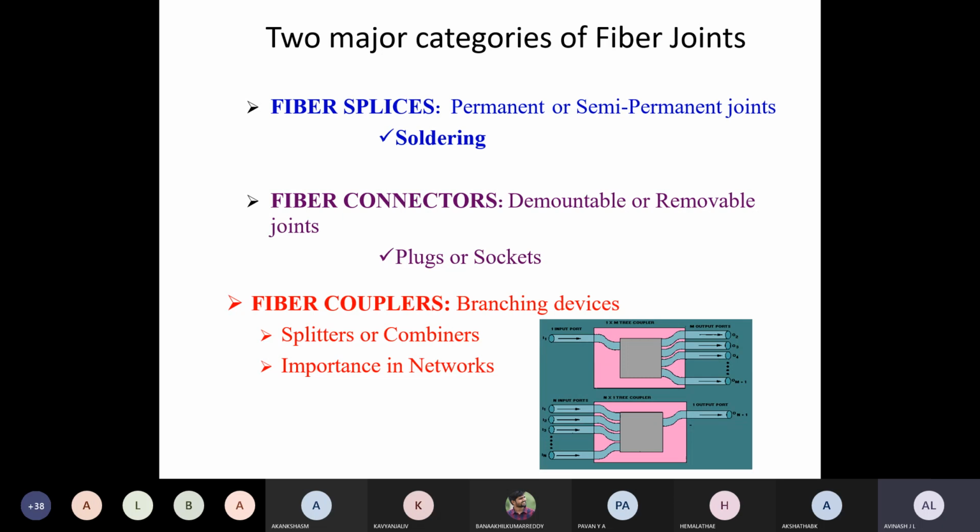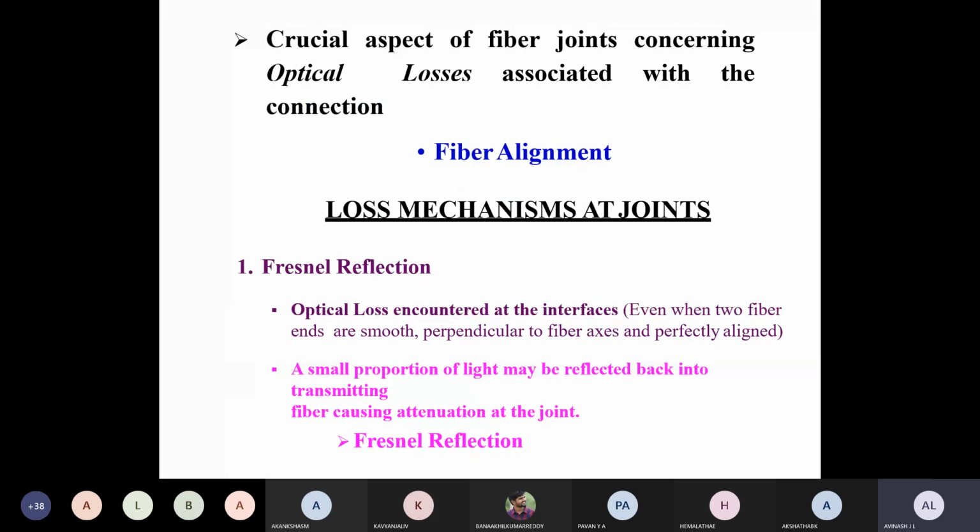I hope that you people have taken this down. We'll move on to the next concept. Now the crucial aspect of fiber joints is the optical losses associated with the connection. This is something one has to take care of.